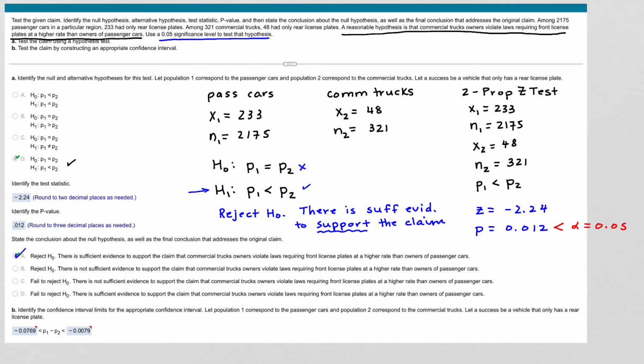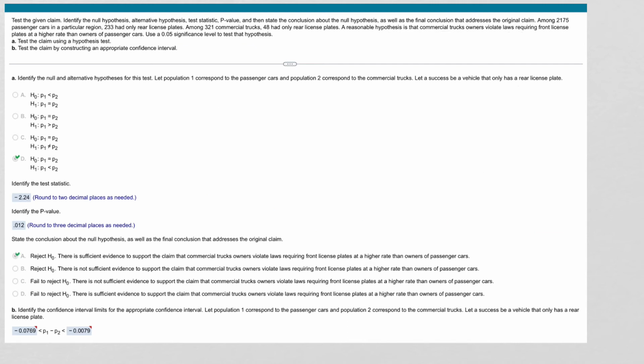Now, to identify the confidence interval limits to test this hypothesis, I'm going to clear out this information, and now we're going to do a 2-prop Z interval because we want a confidence interval.